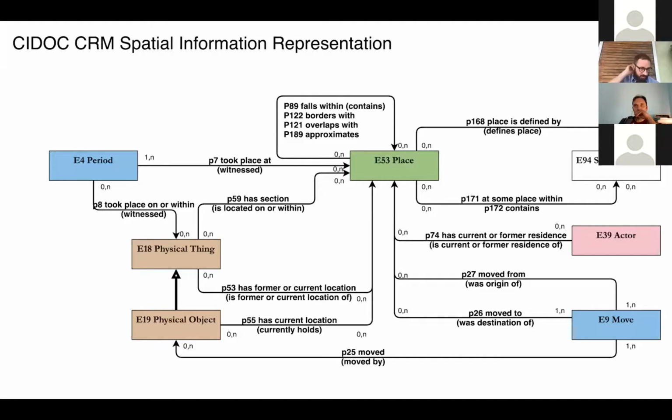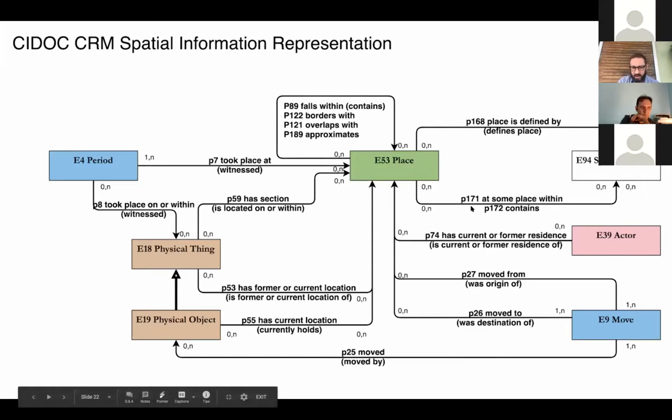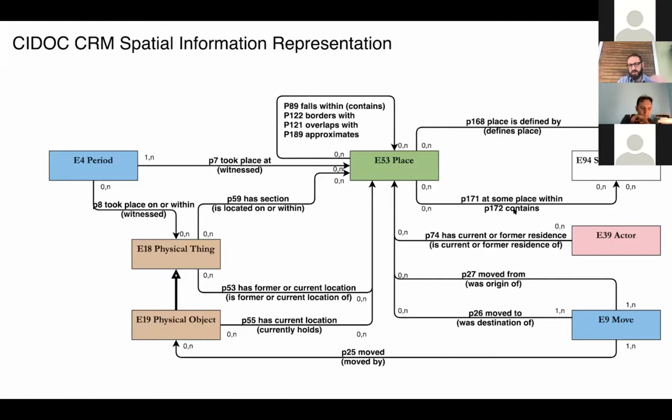This is high-level reasoning about spatial information. Not a lot of things have changed between CIDOC CRM 5 and CIDOC CRM 7.1 with regards to that. Things that have come in are extensions that have been guided by work on geographic information system data.